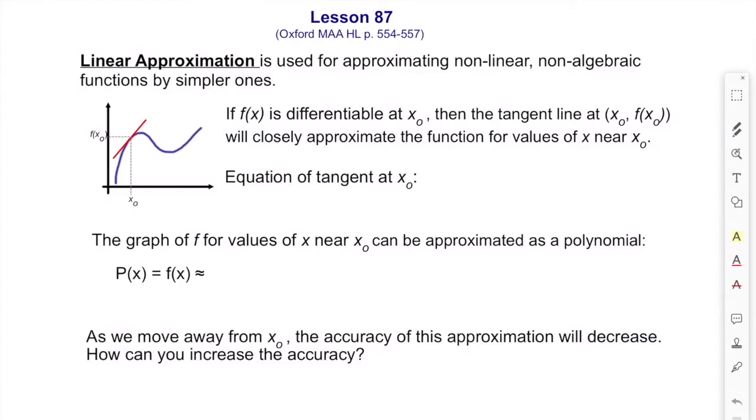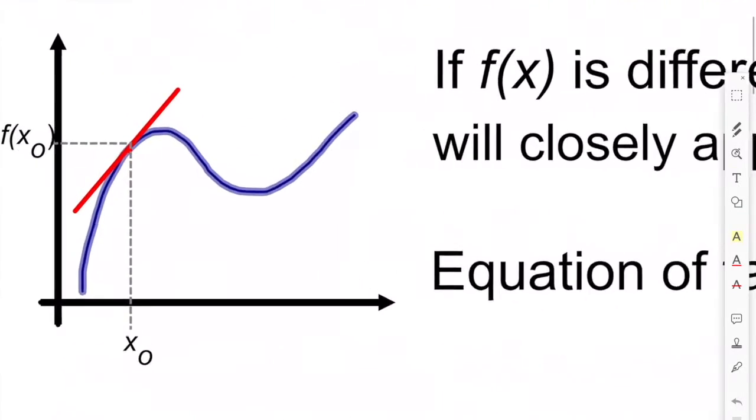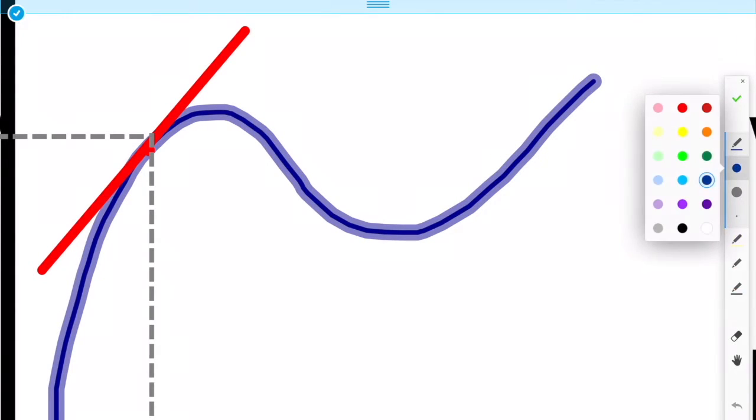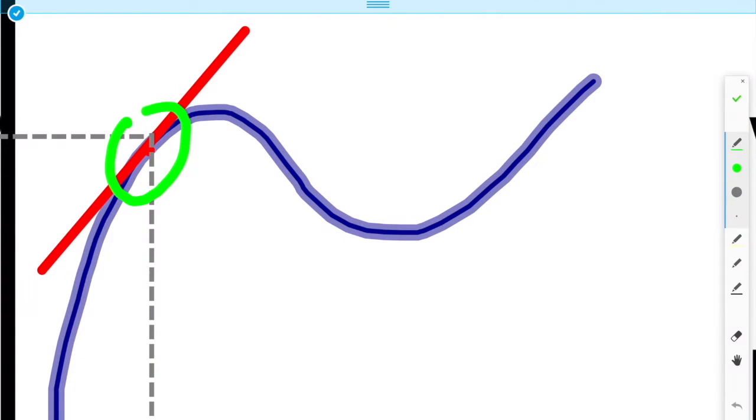What if I keep zooming in to a really small portion of this function? Then we cannot deny the fact that within a very small region, this function has a segment that looks exactly, or almost exactly, like the tangent, just like a straight line.